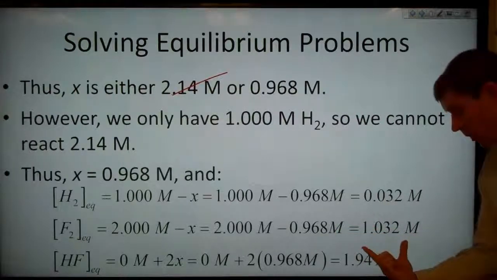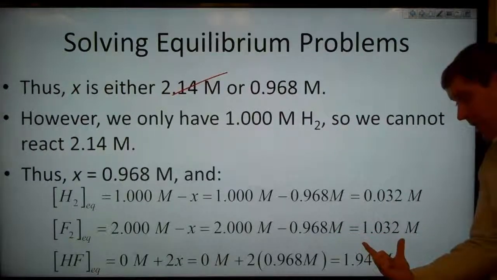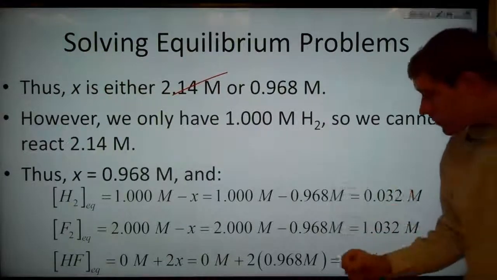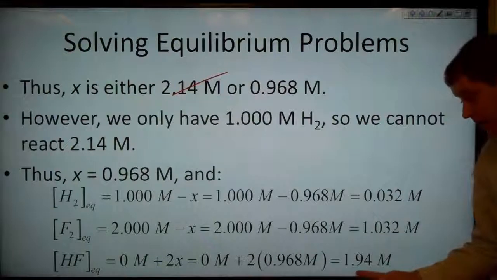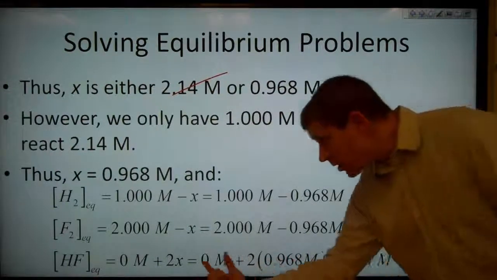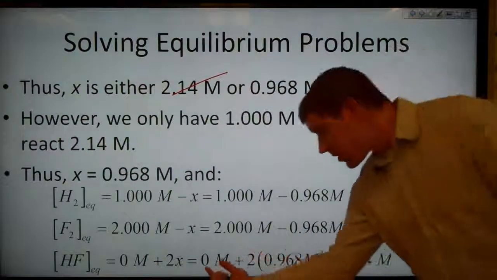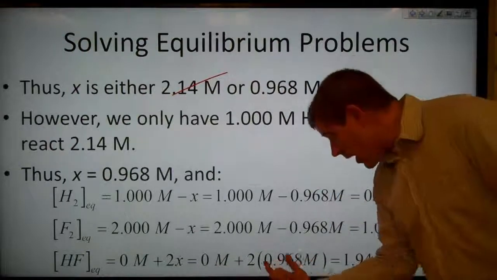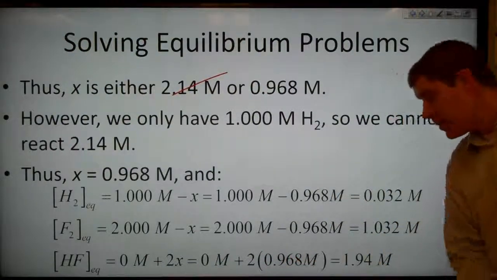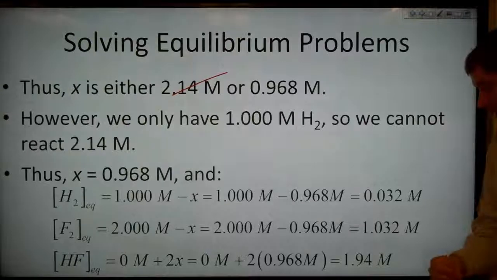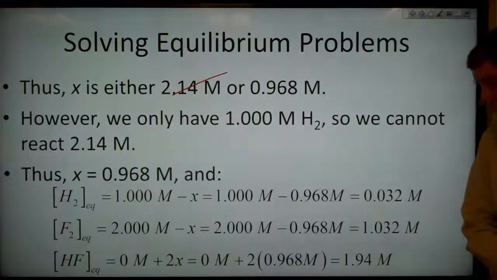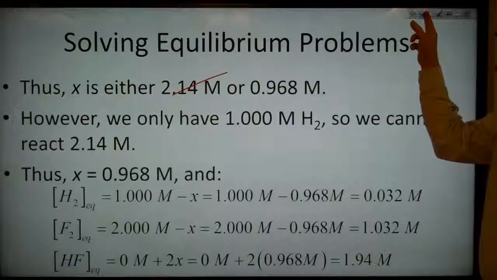And we'll end up with 1.032 molar remaining of the fluorine. And that means that for the HF, because we're producing 2X, then we started out with 0 molar of the HF, and we're producing 2 times 0.968 molar, and that means that we end up with 1.94 molar of the hydrogen fluoride.